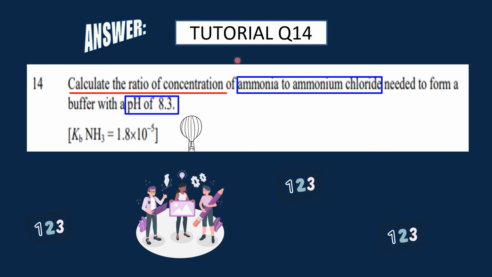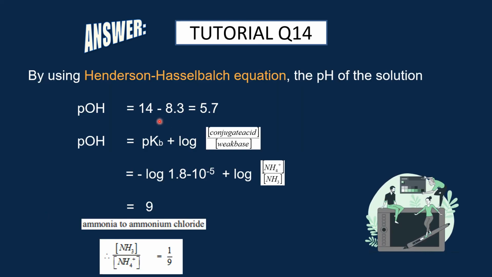Tutorial question 14. Be careful, calculate the ratio. The question asks about the ratio of ammonia to ammonium chloride, meaning the weak base to conjugate acid, needed to form a buffer solution with pH of 8.3. So over here, we have to write the Henderson-Hasselbalch equation.